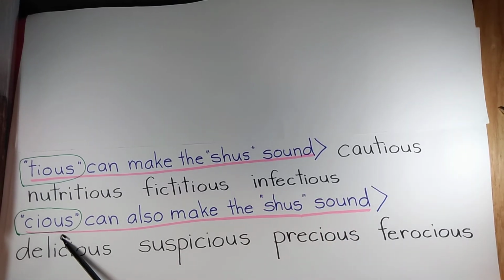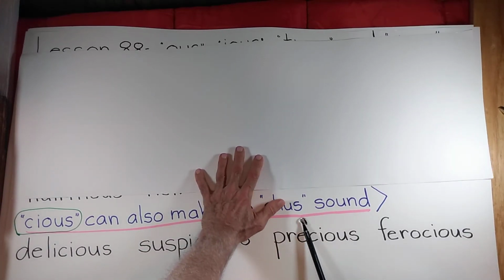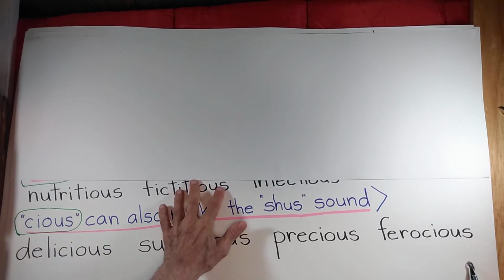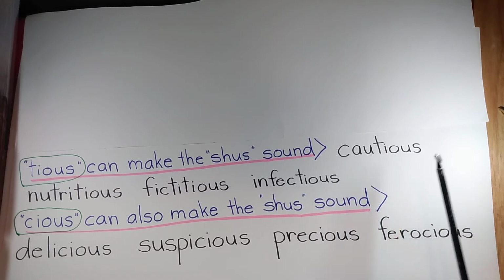And now, CIOUS can also make the shus sound in words like delicious. I gave you one before, so I'll give you another one. Delicious. Okay, students? Suspicious. Precious. Ferocious. Teachers, have students read these words, beginning with cautious, to you.